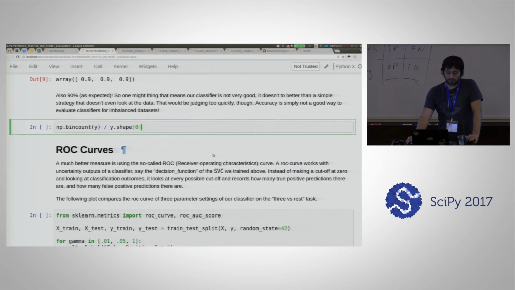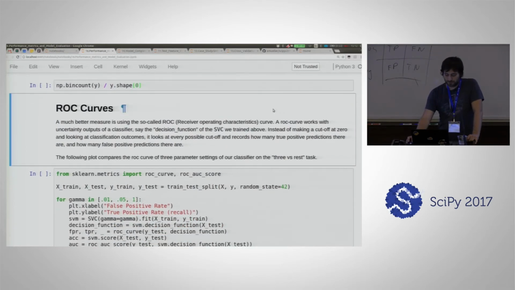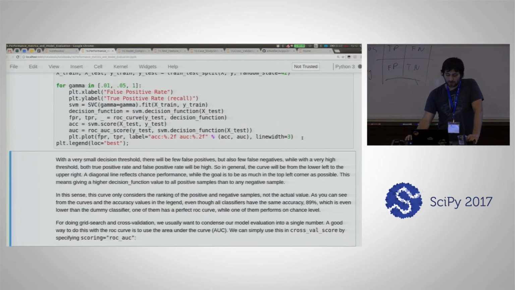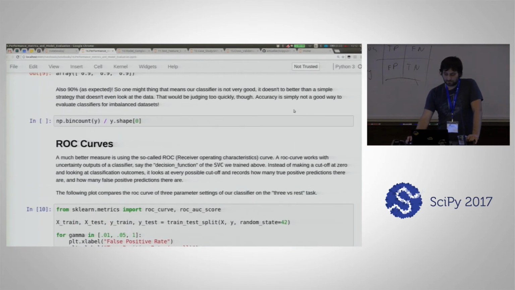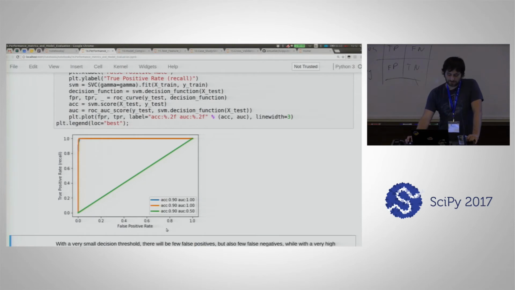What I often find even more helpful is to look at the ROC curve. The ROC curve plots the false positive rate versus the true positive rate. True positive rate is the same as recall.